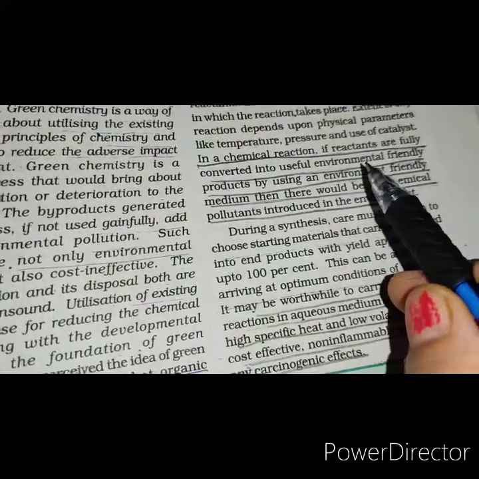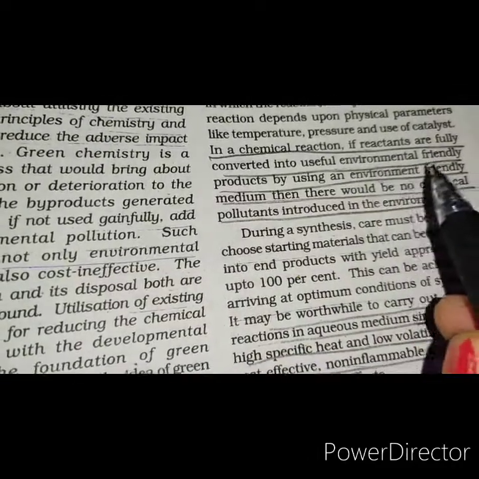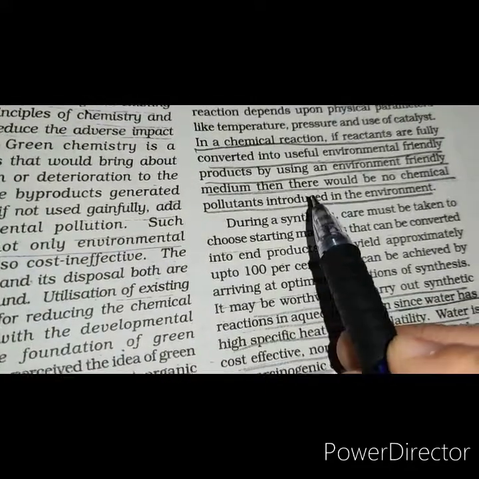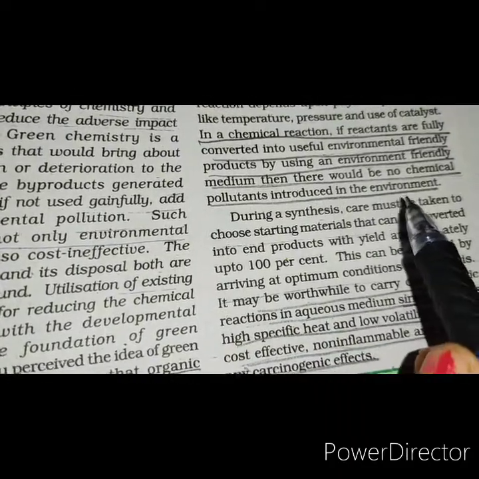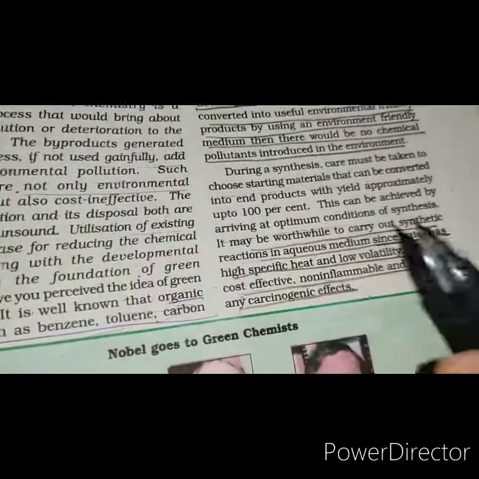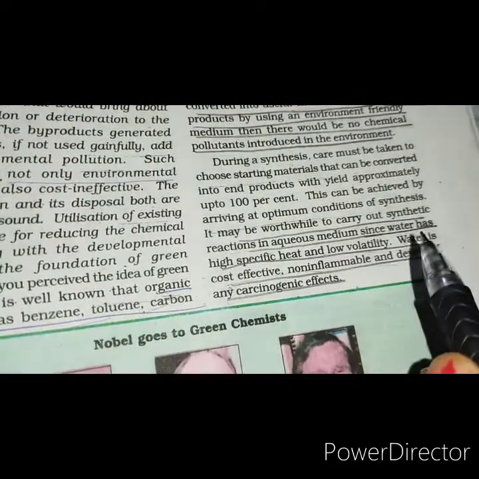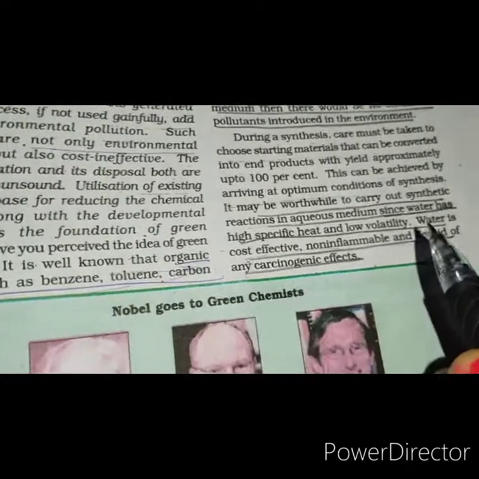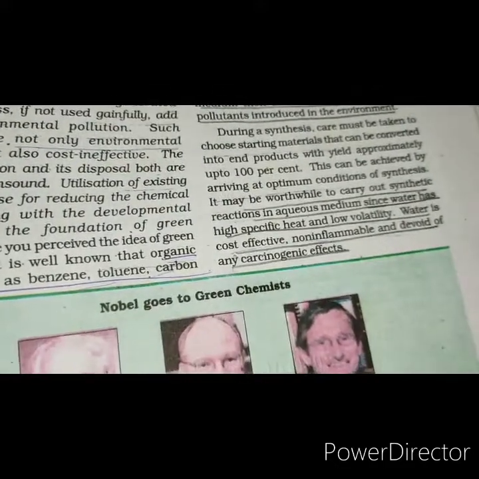In a chemical reaction, if reactants are fully converted into useful environment friendly products by using an environment friendly medium, then there would be no chemical pollutant introduced in the environment. It is worthwhile to carry out synthetic reactions in aqueous medium since water has high specific heat, low volatility, is cost effective, non-inflammable and devoid of any carcinogenic effects.